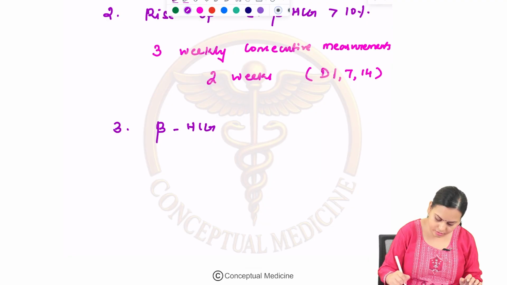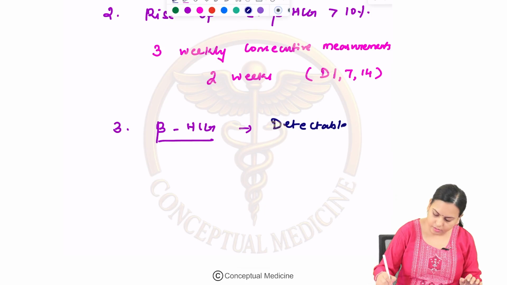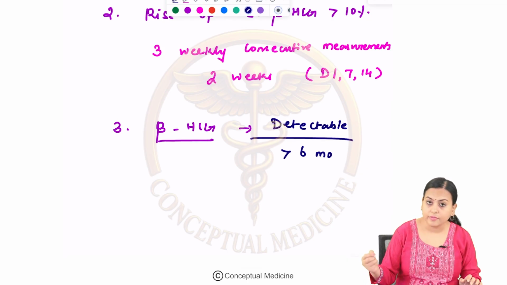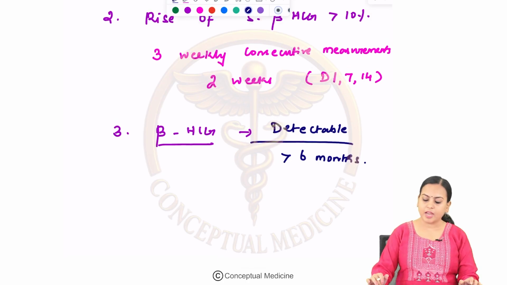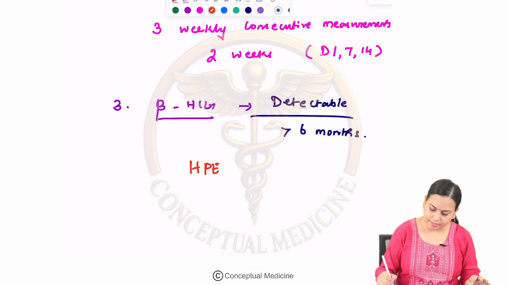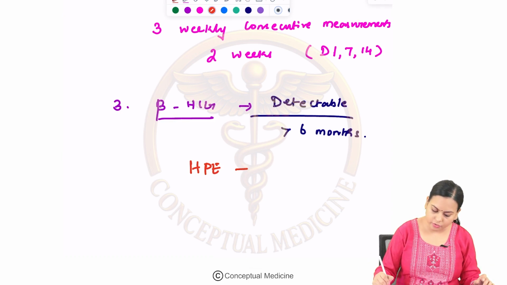And the third point, β-hCG level remains detectable even after more than 6 months, okay. And after all these things, definitely when you get a histopathological examination of a placenta or products of conception that is showing a risk of choriocarcinoma, okay.